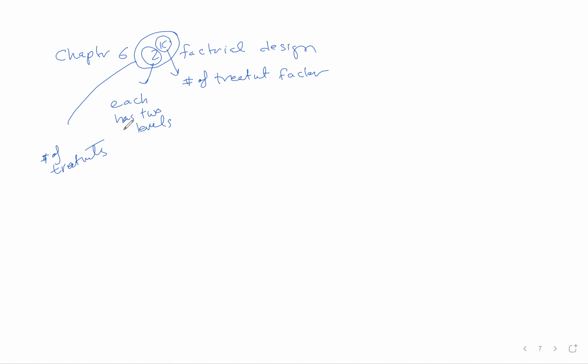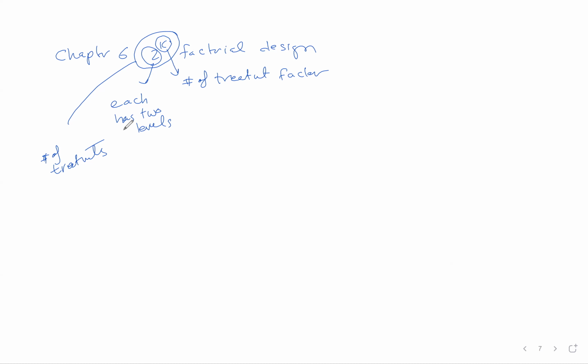If it is a numerical variable, you select 2 values very far away from each other as much as you can. Like if temperature, you do not select temperature 77, 78. Select something like temperature 40 and temperature 90 or 70. So it should be far away from each other as much as you can to capture the true relationship between the treatment factor and the response variable.